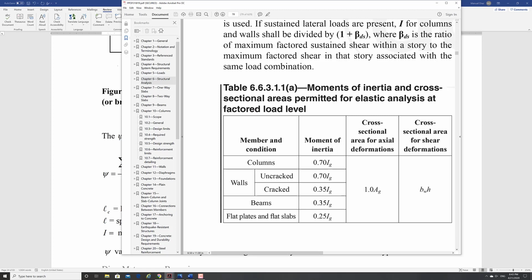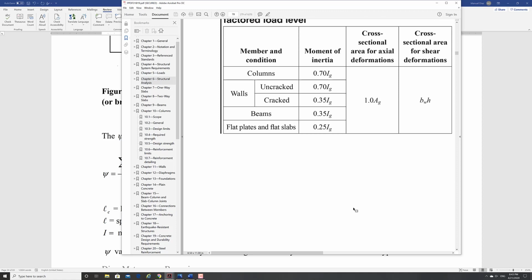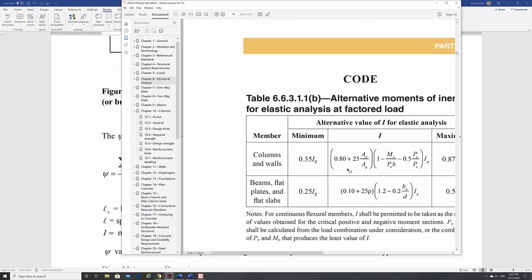Now for the analysis that I'm going to do for frames here, I'm going to treat my beams as rectangular, not T-beams, and therefore I'm going to use 0.35 for beams, and I'm going to use 0.70 for columns. Now there is another table that was developed later, this one.